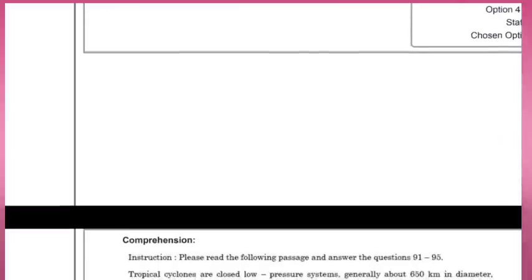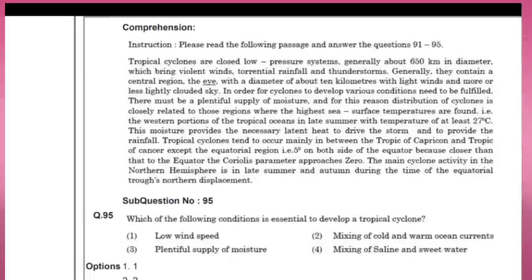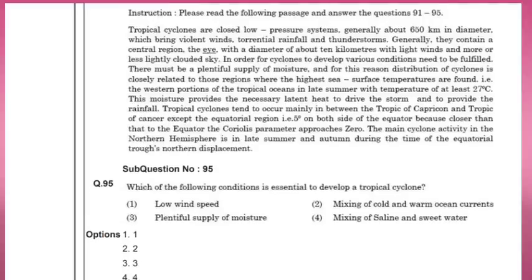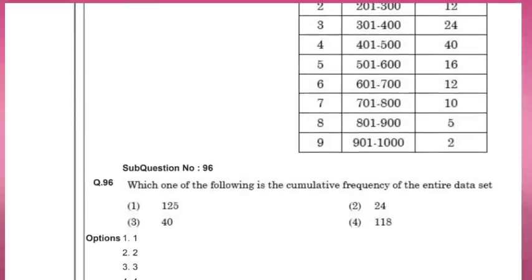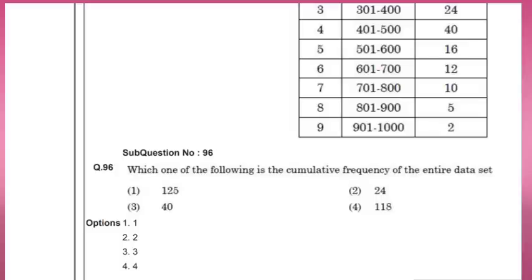And next question: which of the following conditions is essential to develop a tropical cyclone? The right answer is option 3, plentiful supply of moisture. Question ID 689. Next, question ID 695, the answer is option 125, the right answer.